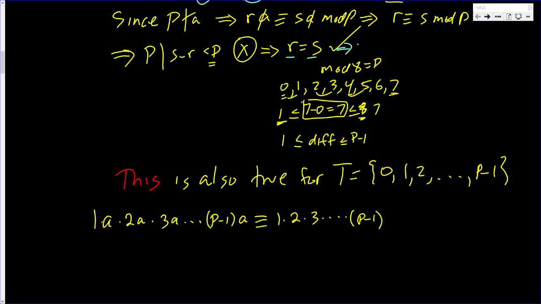No guarantee, the ordering may be different. That is, 1A might be congruent to 3, and 2A maybe is congruent to 1, and 3A is congruent to P minus 1.